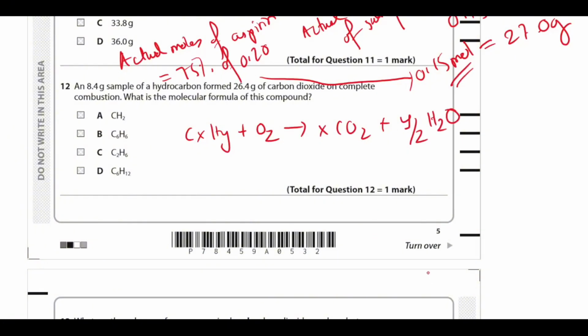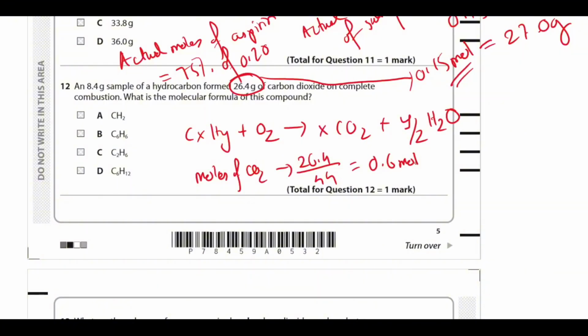Now we know the molar mass of carbon dioxide is 44, and we can easily find the moles of carbon dioxide using the mass and the molar mass. So the moles of CO2 would be 26.4 divided by 44, which is about 0.6.